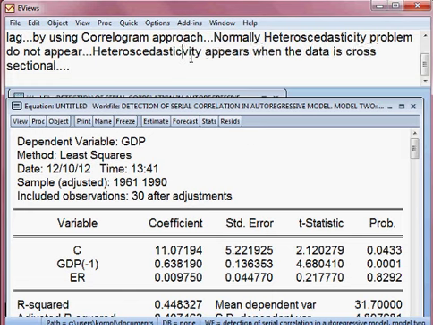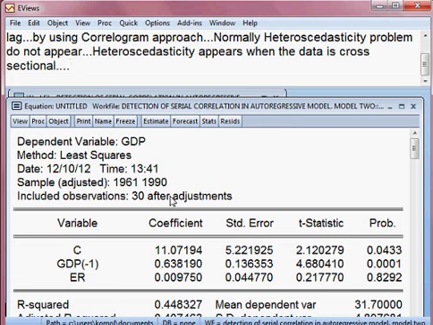And when the data is cross-sectional, then normally the serial correlation problem does not appear. In our model, serial correlation can be a problem because we have time series data.